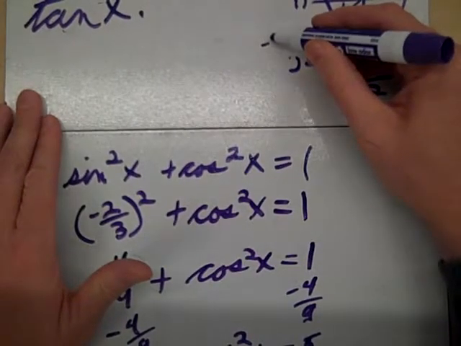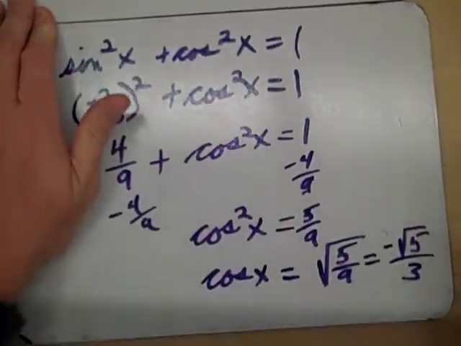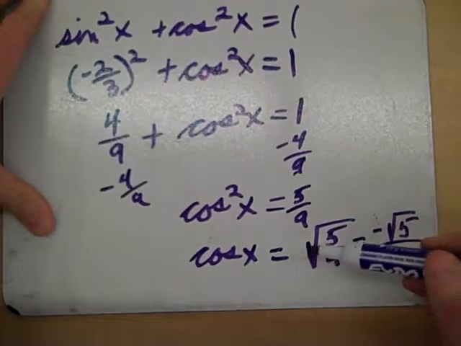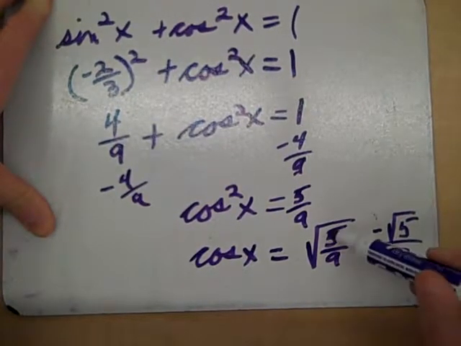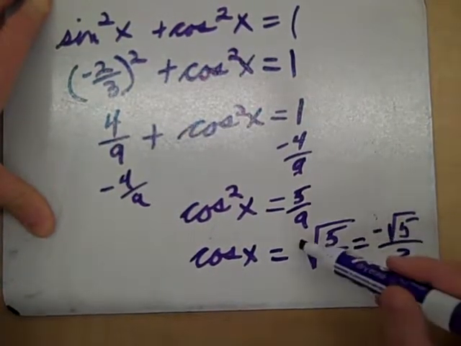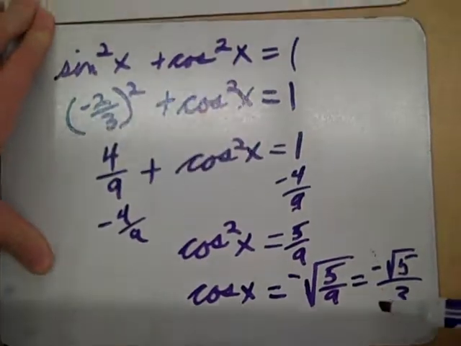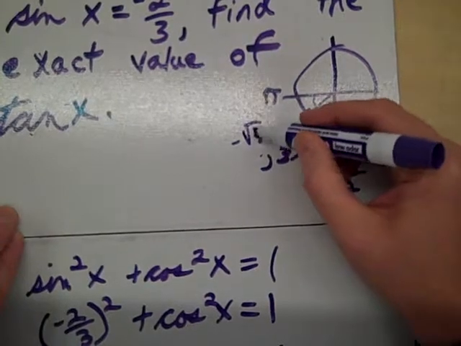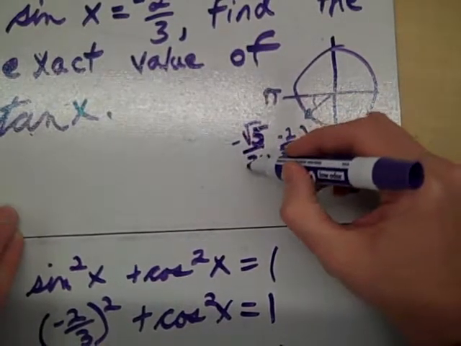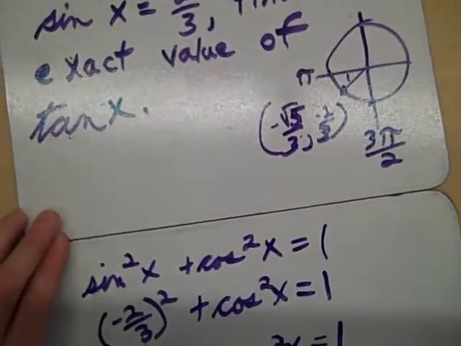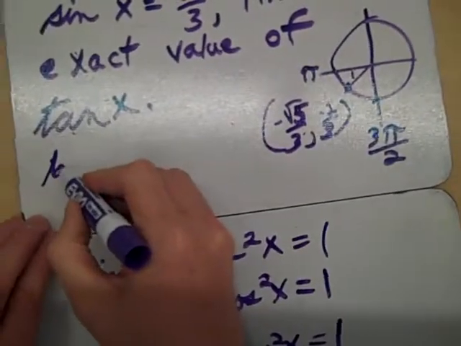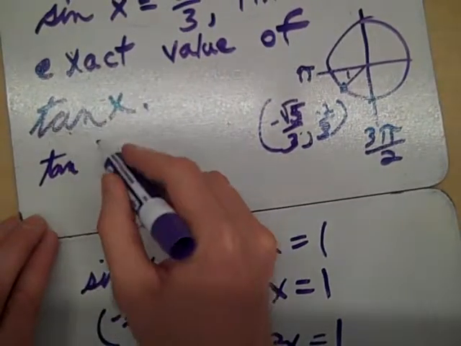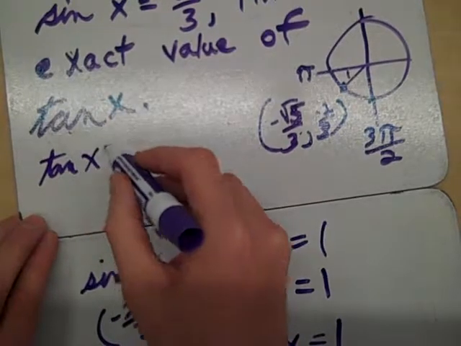So let's show this where I solved. Square root of 5 over square root of 9. Remember it's negative because we're in the third quadrant. So I'm going to put negative radical 5 over 3. Remember that tangent is sine over cosine.